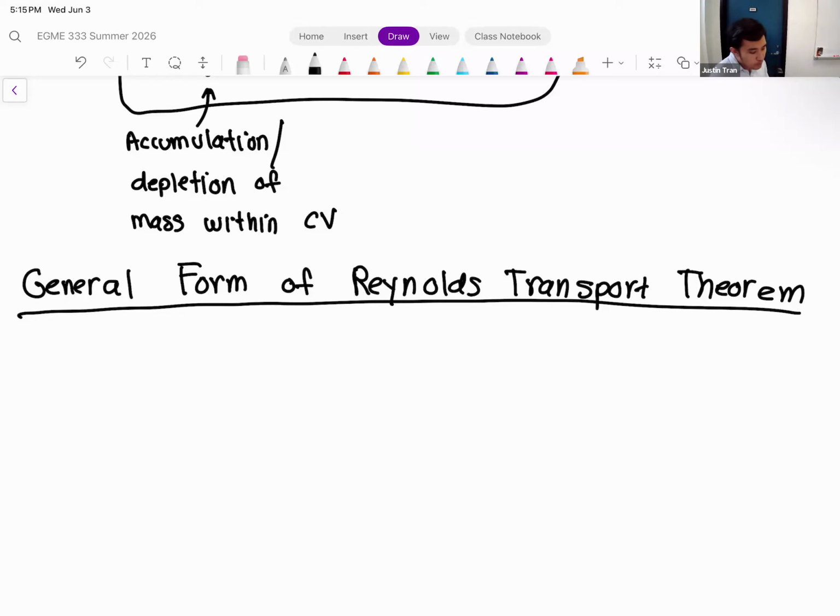The same idea is going to apply, and so all our terms are going to be the same. It's just that they're going to take a different mathematical form in this more general form.